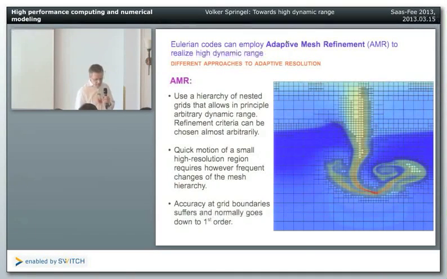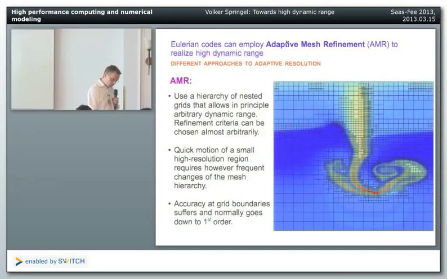The accuracy at grid boundaries normally suffers in AMR. That's something that one has to be aware of. Typically they go down to first-order accuracy at grid boundaries. This is not terrible, but it's not great.